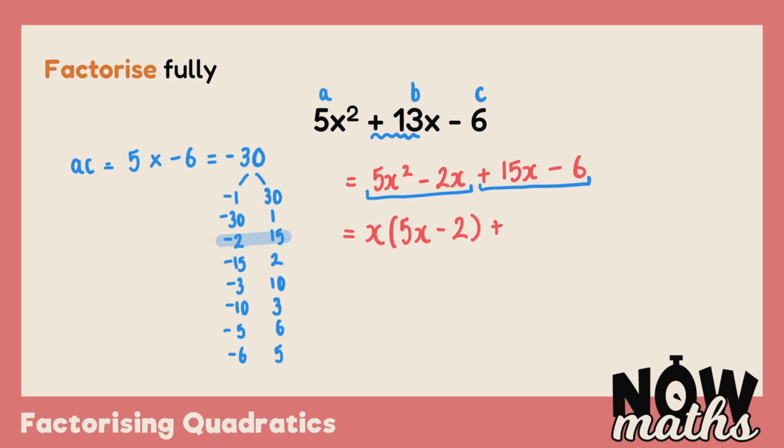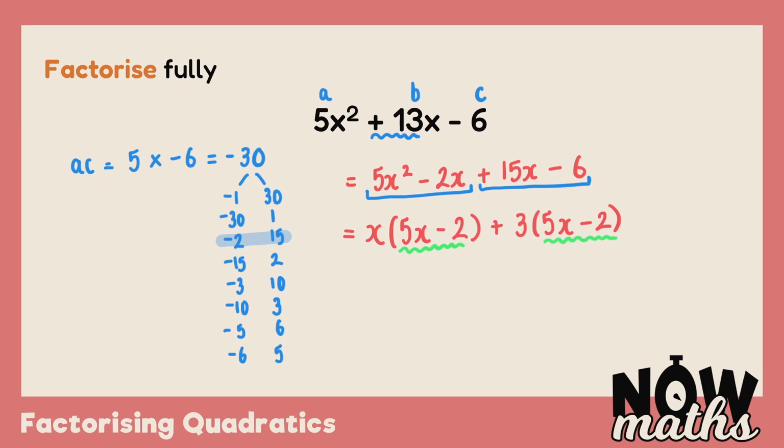Now looking at the second half, 15x and negative 6 have a highest common factor of 3. So we take a factor of 3 out, and then 15x divided by 3 is 5x, and negative 6 divided by 3 is negative 2. And we can see we've now got two separate terms, each with a common factor of 5x subtract 2.